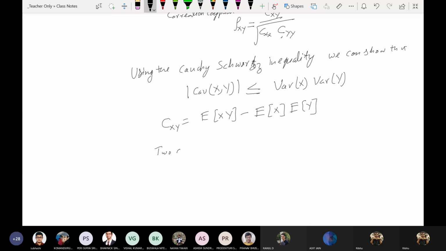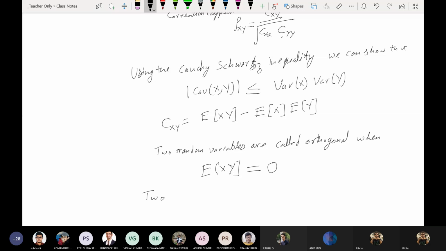Two random variables are called orthogonal when expectation of xy equals 0.